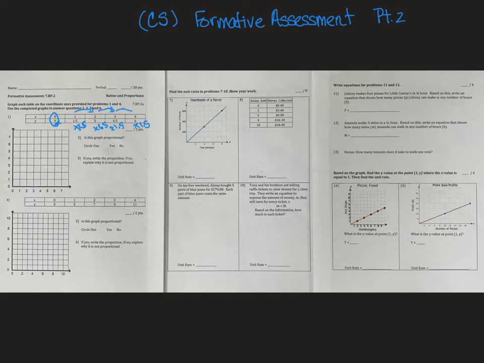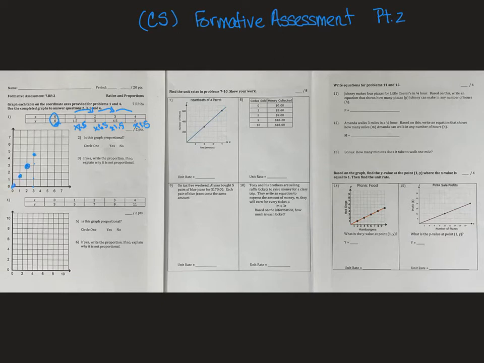And I have a constant of proportionality. I'm multiplying the 1 by the same thing every time. So 3 is going to be 4.5, 2 is going to be 3, 1 is going to be 1.5.